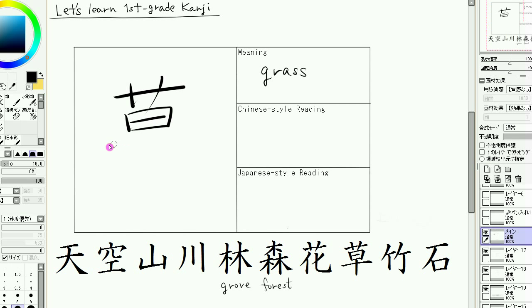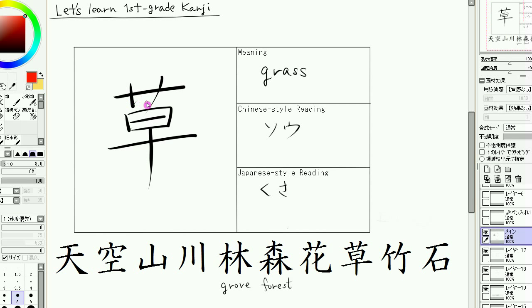Okay, and then you make the longest line, and you start from here, and usually you sweep down. Okay. Chinese style so, Japanese style kusa, which means grass.